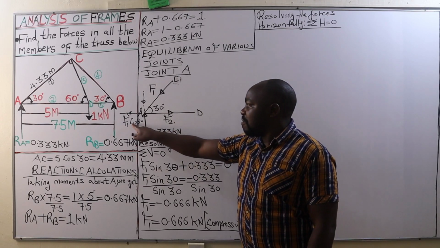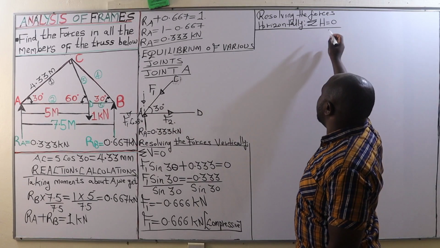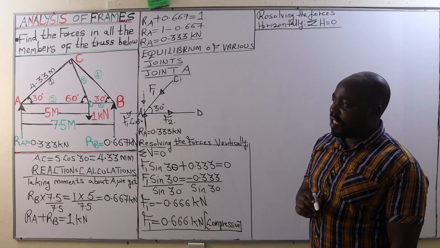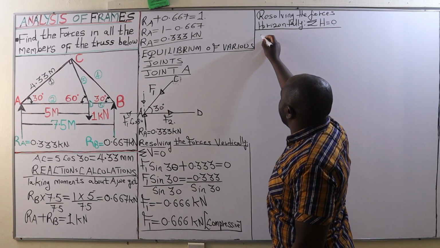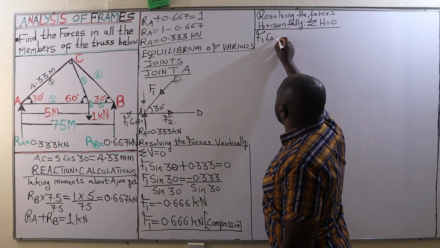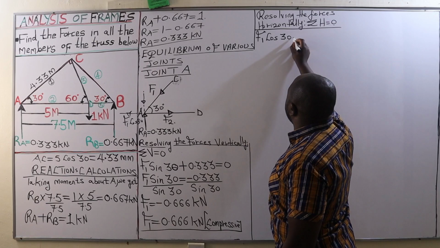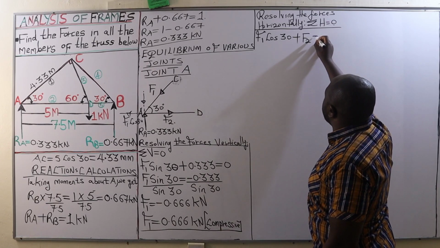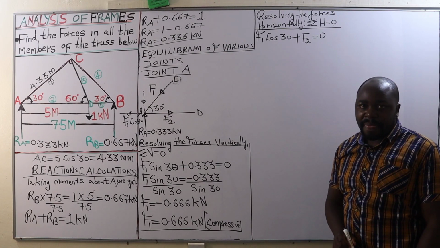The summation of these two forces is 0, that is, the summation of all the horizontal forces equals 0. Therefore, we have F1 cos 30 plus F2 is equal to 0.